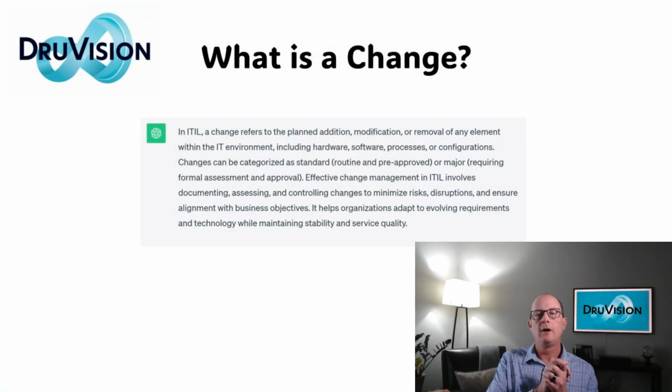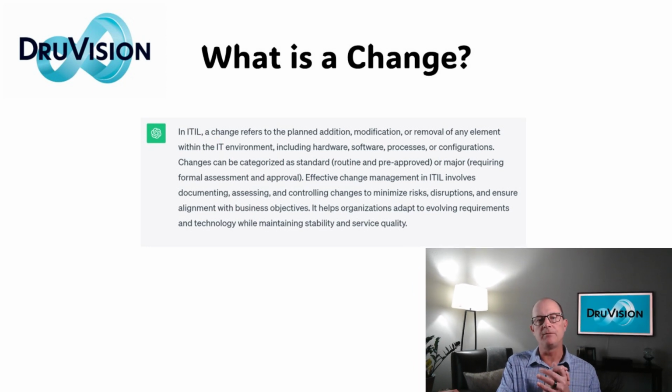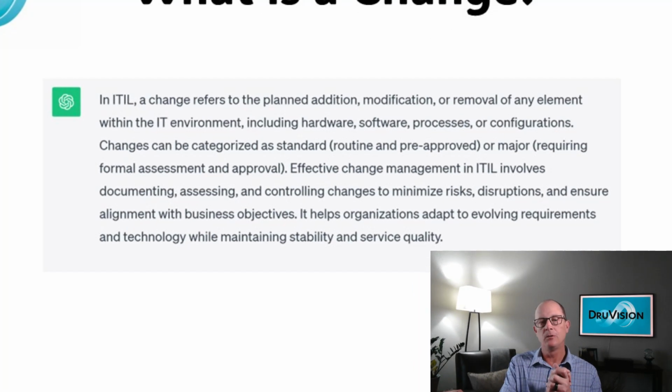Okay, so another ChatGPT definition in less than 100 words. What is change management in ITIL? I think this is a pretty good definition. In the simplest of terms, a change is quite literally that: anything in IT that changes.